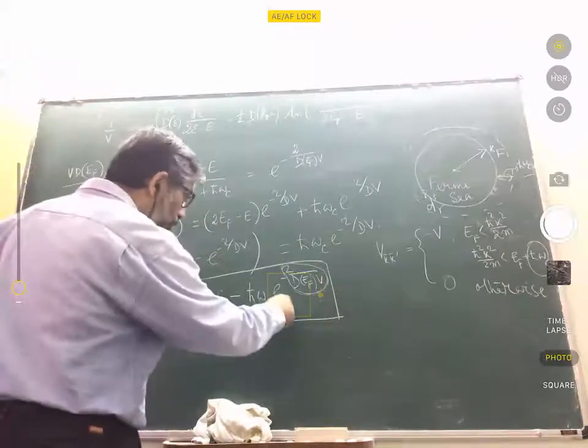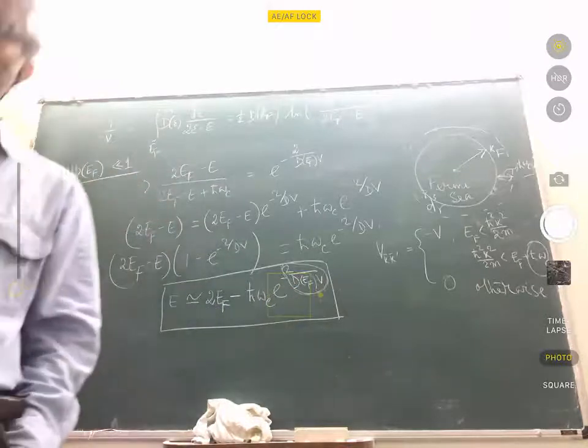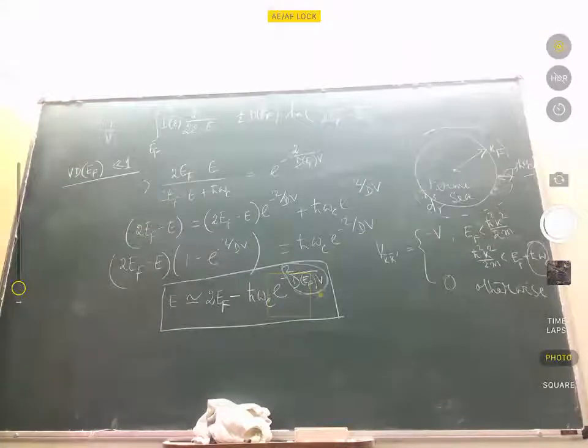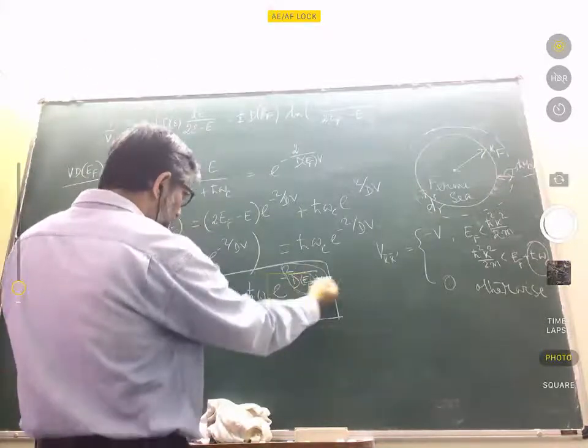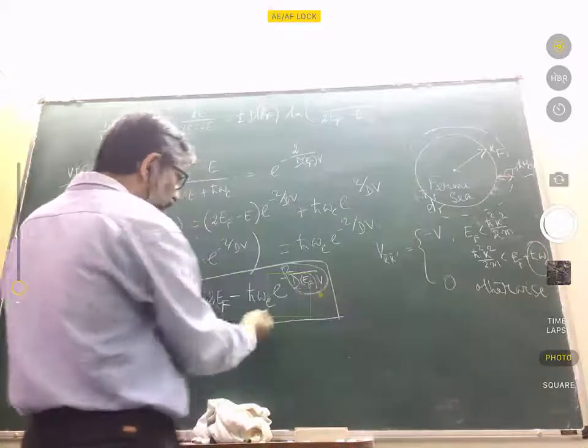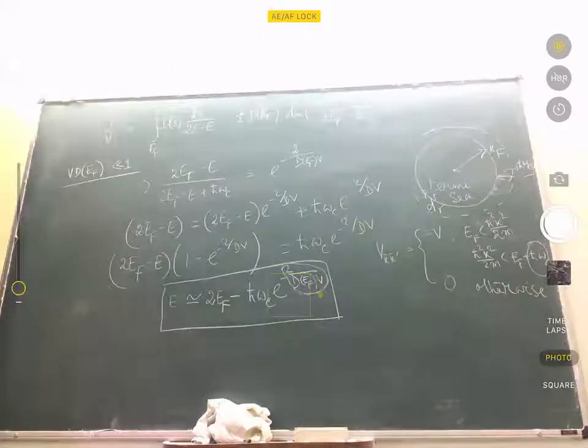And there is no expansion of this in powers of V, no matter how small V is. In fact, that whole thing is sort of non-analytic at V equal to 0. So for small V, there is no expansion of this in powers of V. So therefore, you would never get this result from a perturbation theory. So this is a non-perturbative result. As soon as you have an attractive interaction between the electrons, the Fermi sea becomes unstable. That's no longer the ground state of the system.